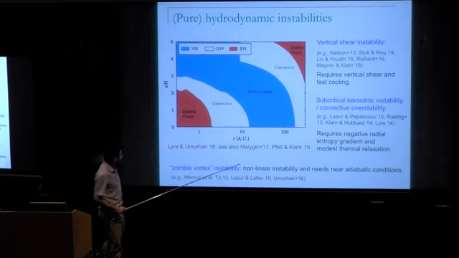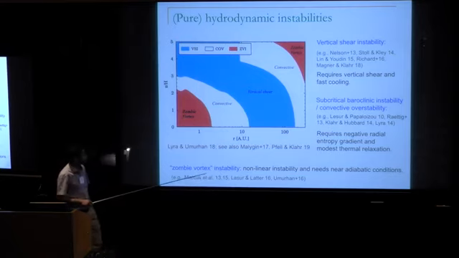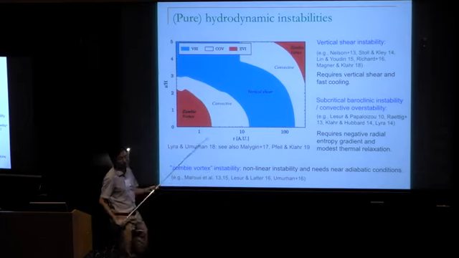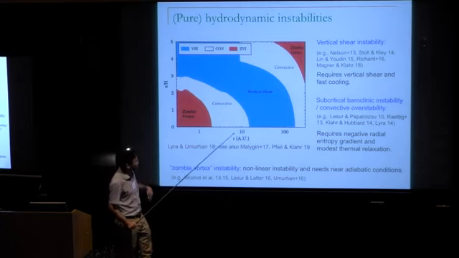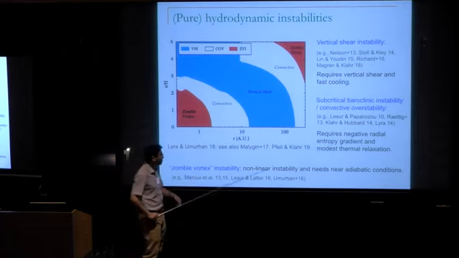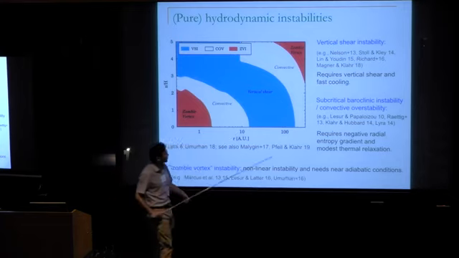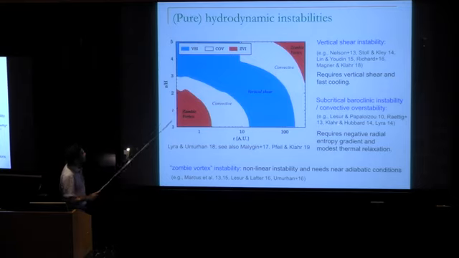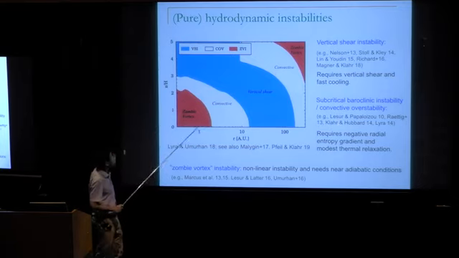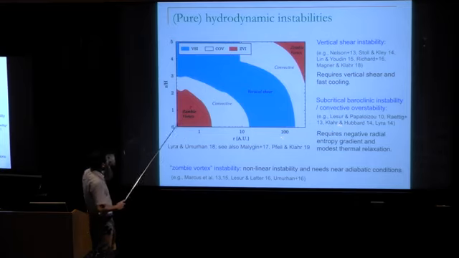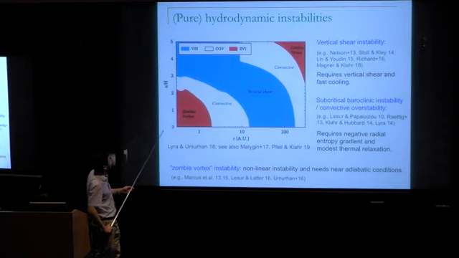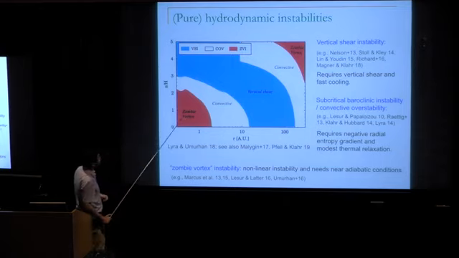And then there's a more exotic zombie vortex instability. It's also a nonlinear instability and needs some seed vortex to operate, but this one needs nearly adiabatic conditions. Here is a recent review by Lesur and Umurhan, showing the possible regions where these instabilities may show up.